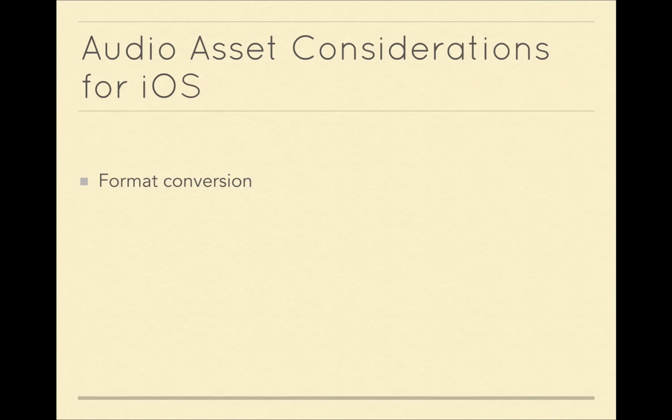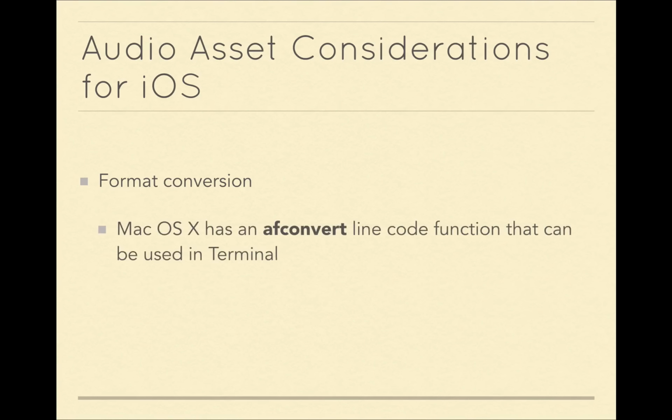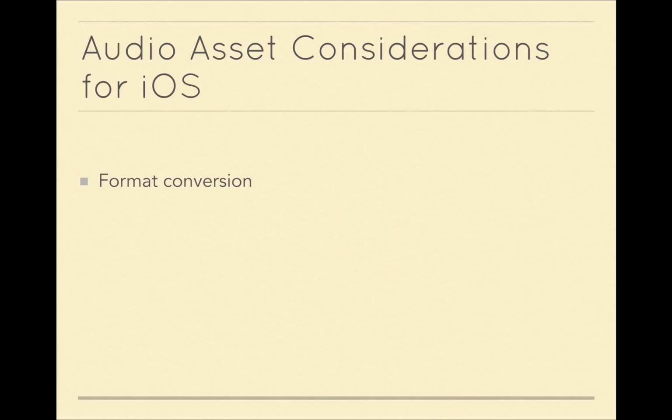And then lastly, for audio asset considerations, is format conversion. Not all of your DAWs will let you export audio in those different formats. So what you can do is export your assets probably in some kind of PCM uncompressed quality format, maybe WAV or AIFF or CAF if available.